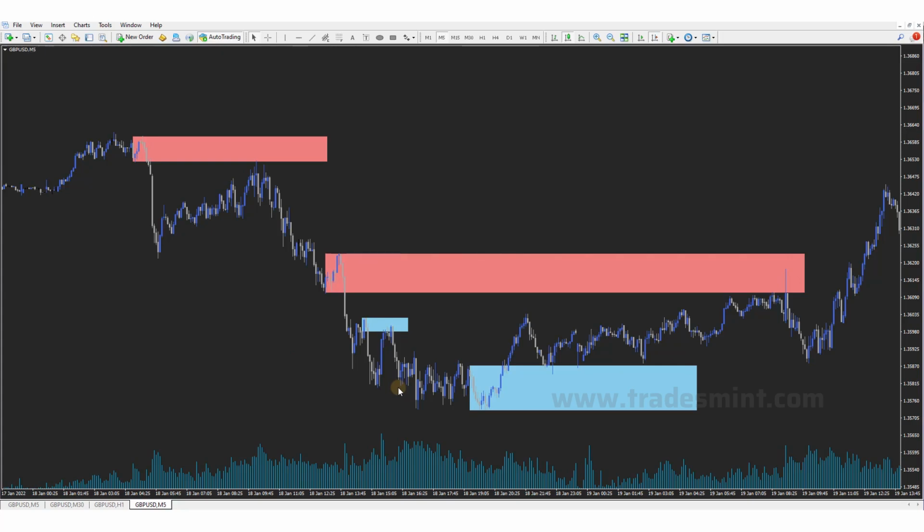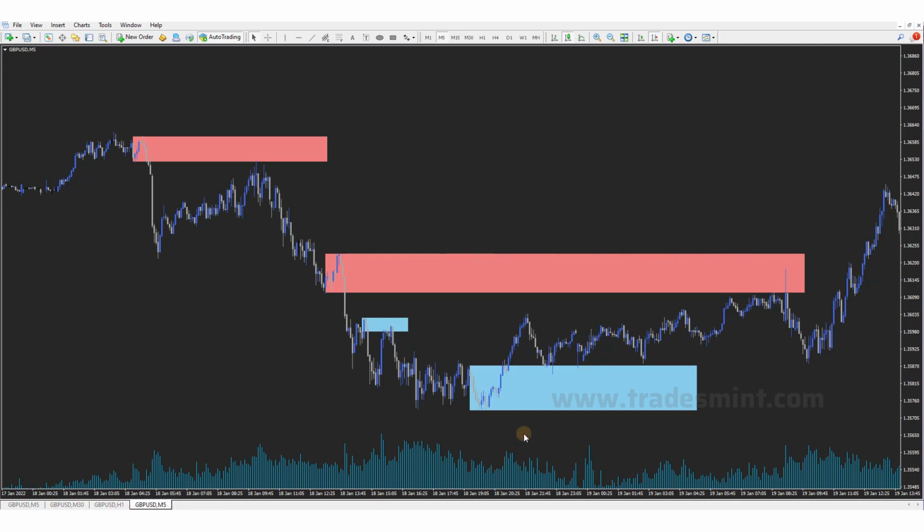So drawing the correct zones is very important. Yeah, this is where we are looking for buyers, pressure and opportunity to take a sell. Very important lesson. This is one of the basics of this strategy, to know where potentially we can join the market.